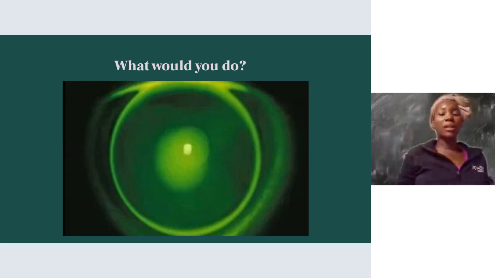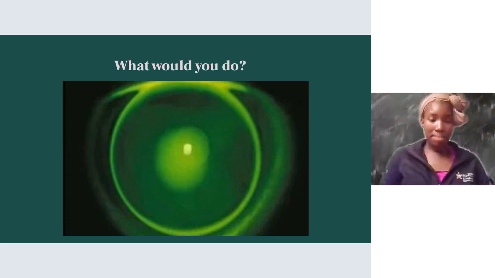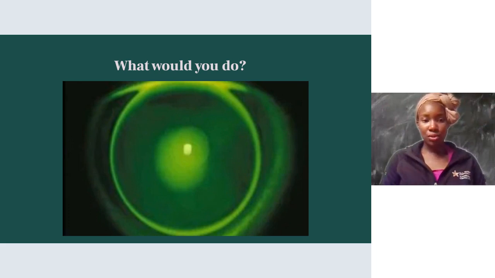Are we going to increase or decrease the diameter? Are we going to increase or decrease the base curve? Reduce edge lift. Yeah, so we're going to decrease the diameter. When you decrease the diameter, it loosens the lens. Great job.